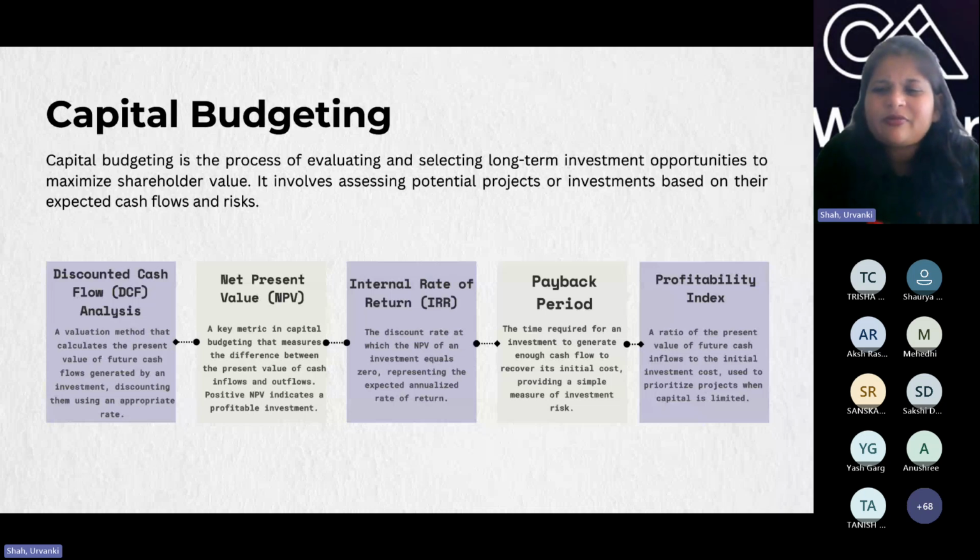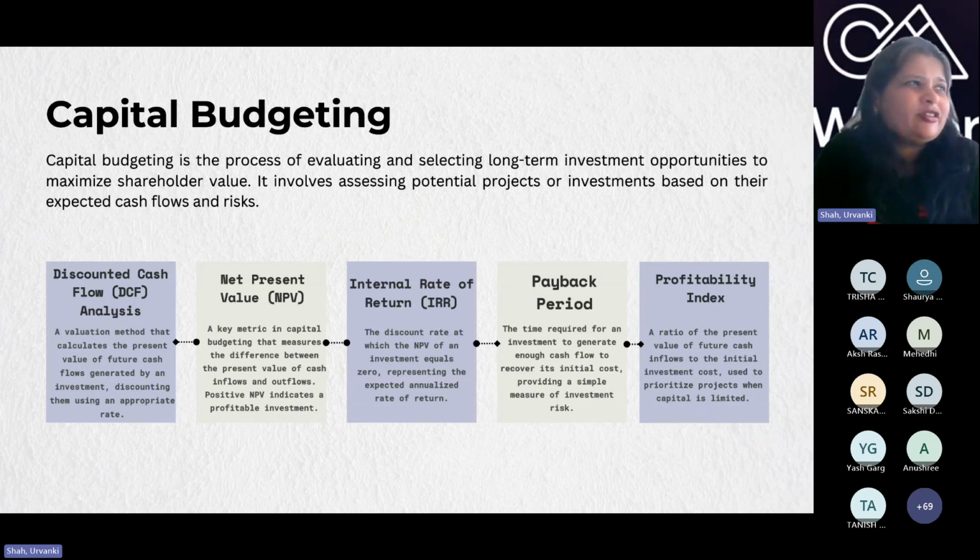Then you have something like profitability index. Now, how do you define whether the profitability of the watermelon business or the ice cream business is good? Based on your industry sector, what would be the better profitability index and how much is your profitability index?